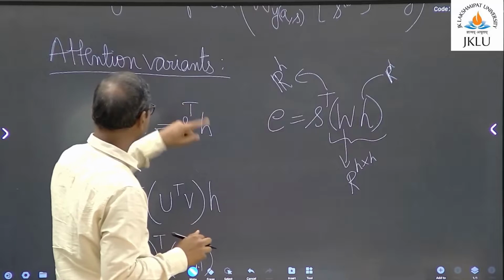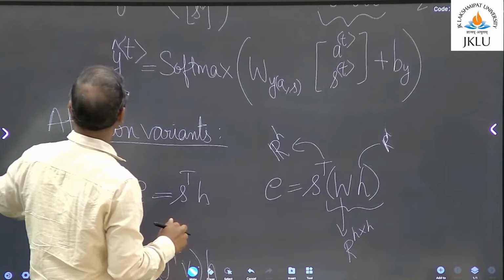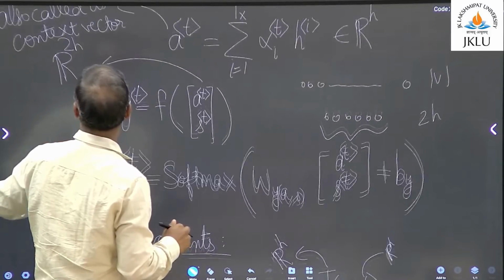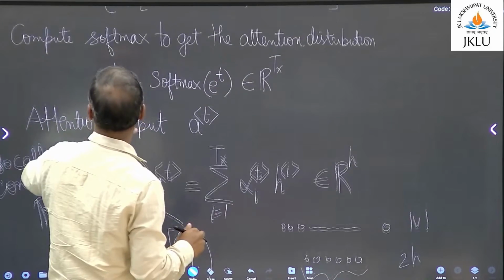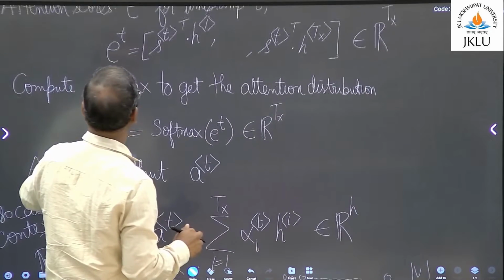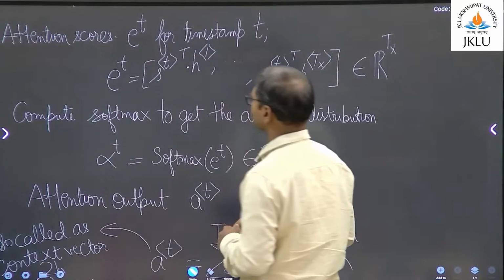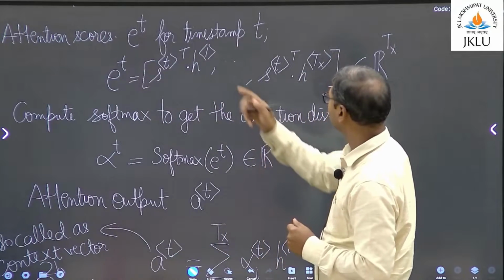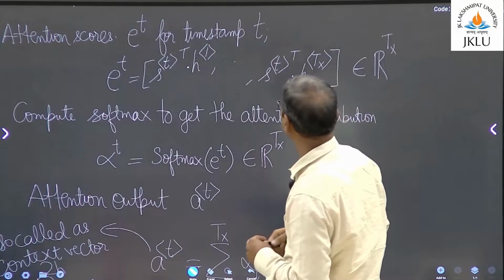So, e_i is S transpose H. How were we writing this? We were writing this as e_t, that means s_t and so on.